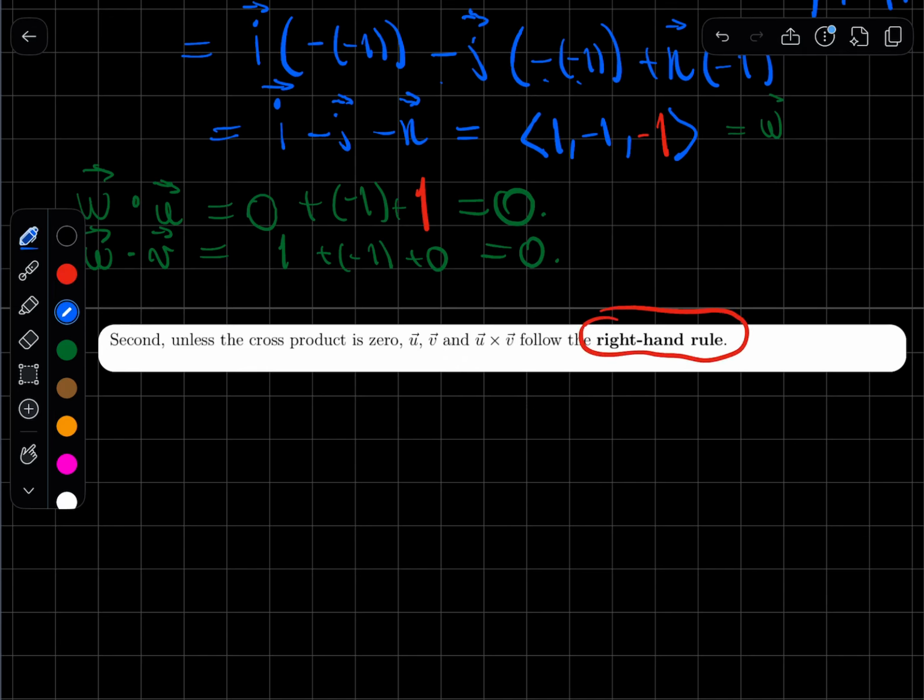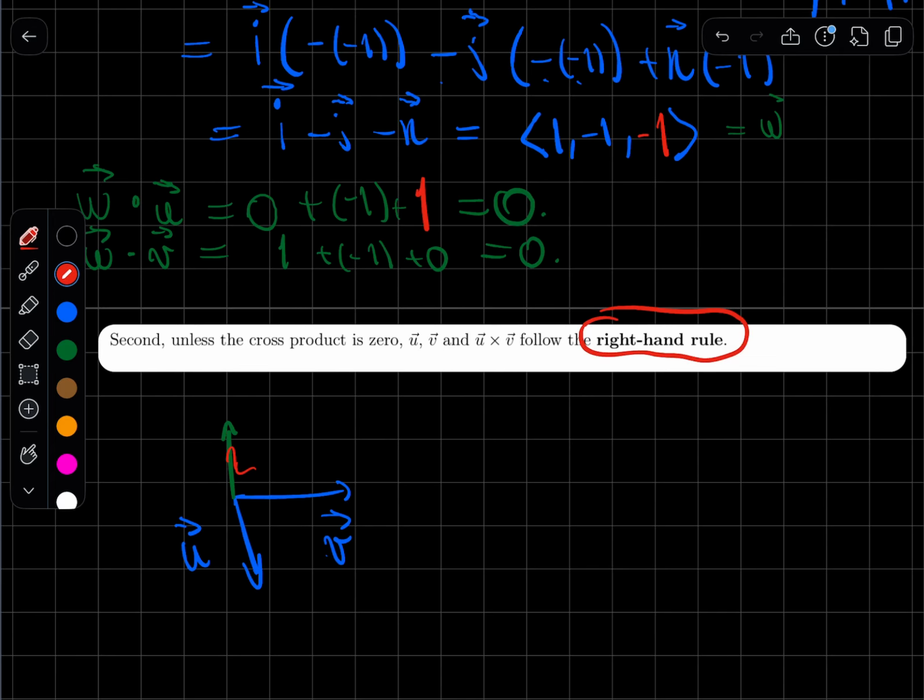Meaning, if you have U right here, V right here, in this order, you point your thumb towards this thing, right?